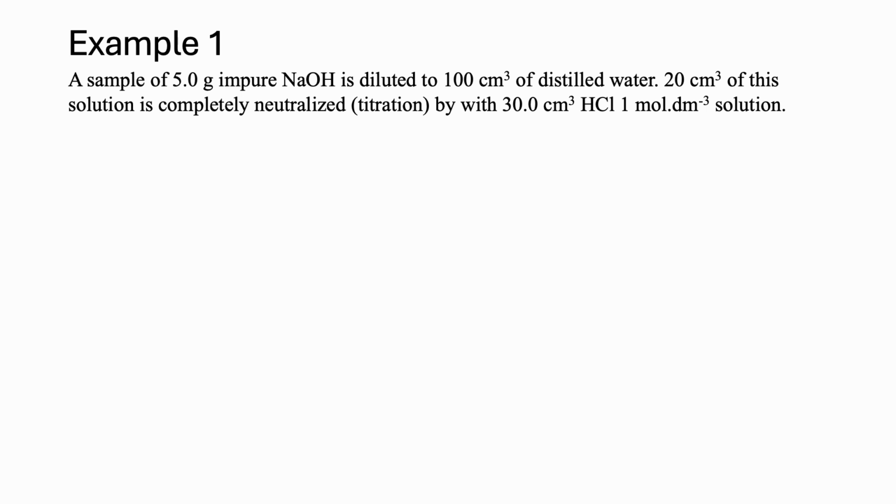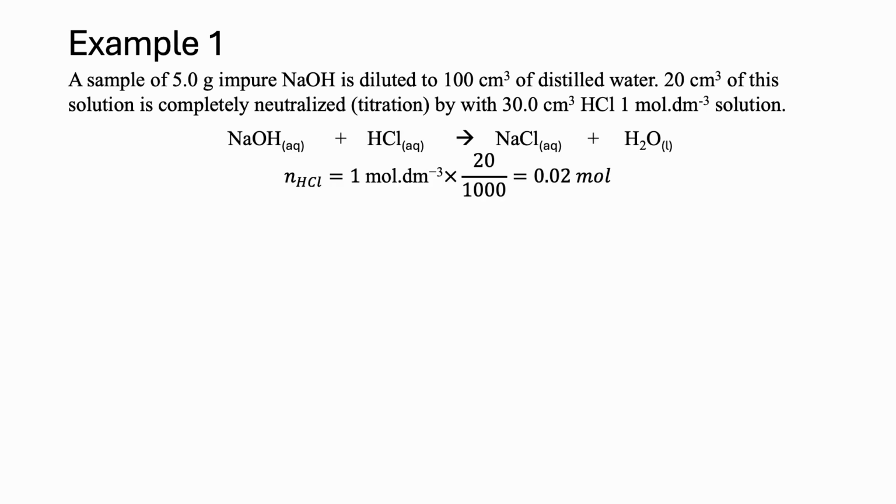Okay, example 1. Let's say I have 5 grams of impure NaOH diluted to 100 cm³ of distilled water, and 20 cm³ of this solution is completely neutralized by titration with 30 cm³ of 1 mol/dm³ HCl. So we construct the equation, we calculate the moles of HCl, and this amount of moles is actually the same as the moles of NaOH.